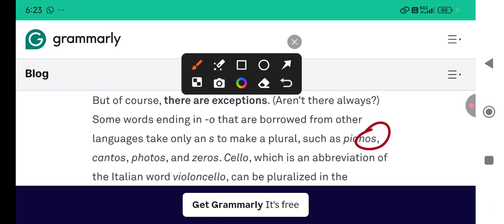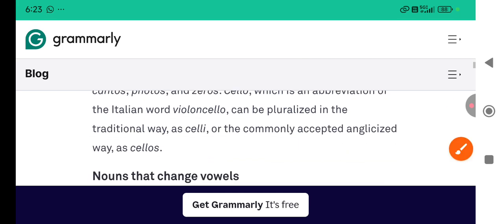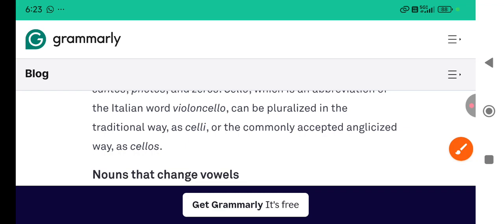Cantos, photos, without es, zeros. Cello, which is an abbreviation of the Italian word violoncello, can be pluralized.